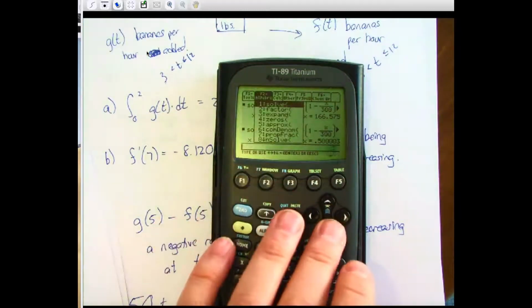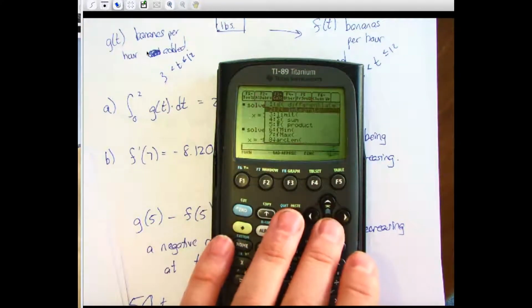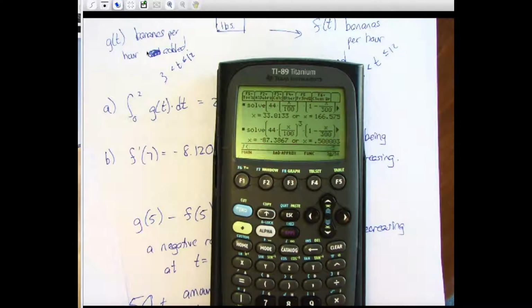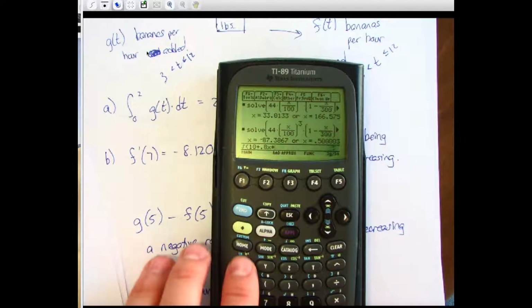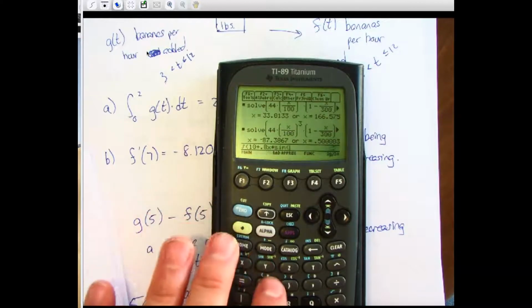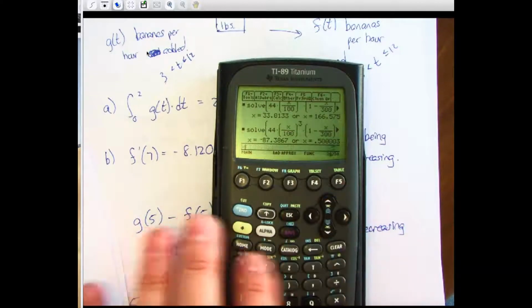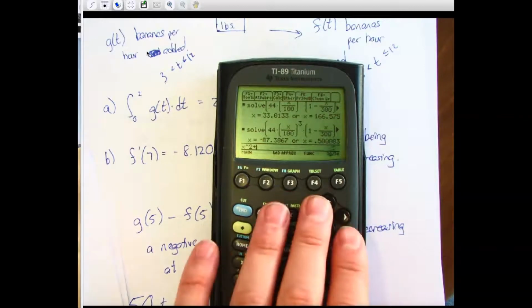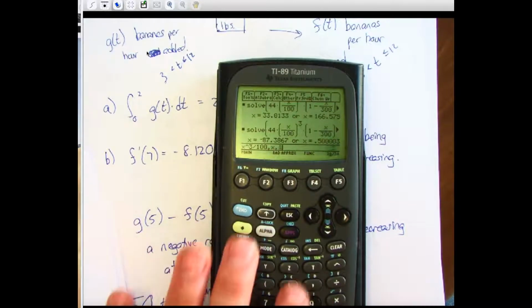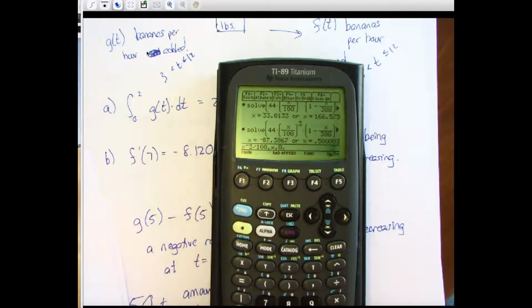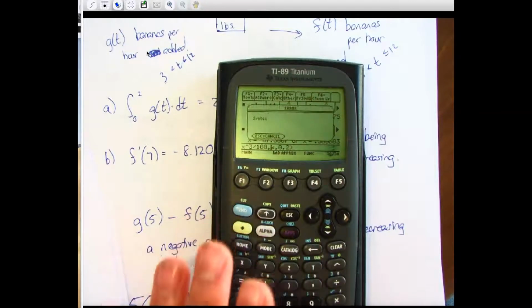So F3 calc, we're going to integrate 10 plus 0.8x times sine of x cubed over 100, comma x, comma 0, comma 2.